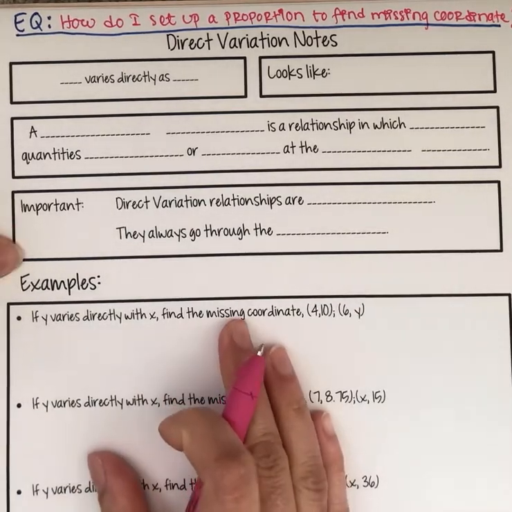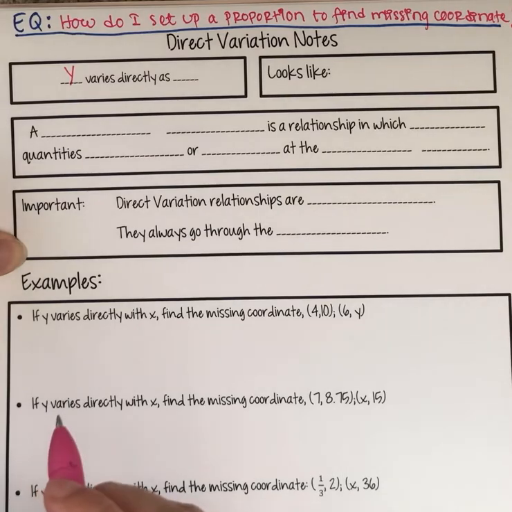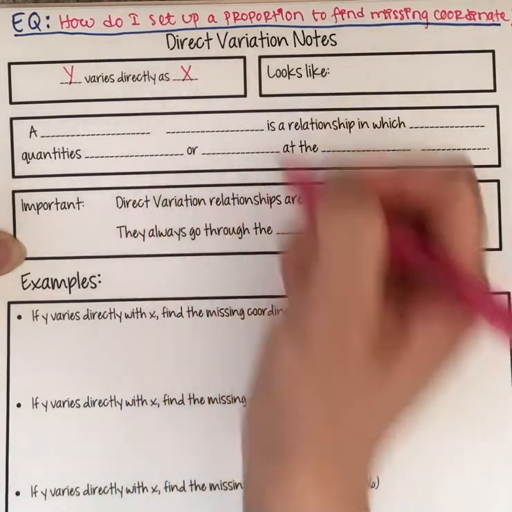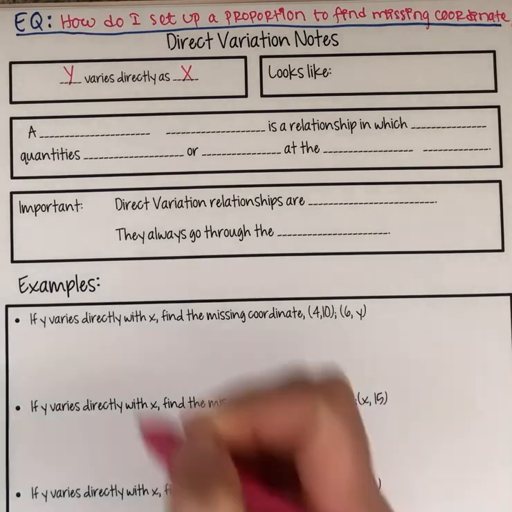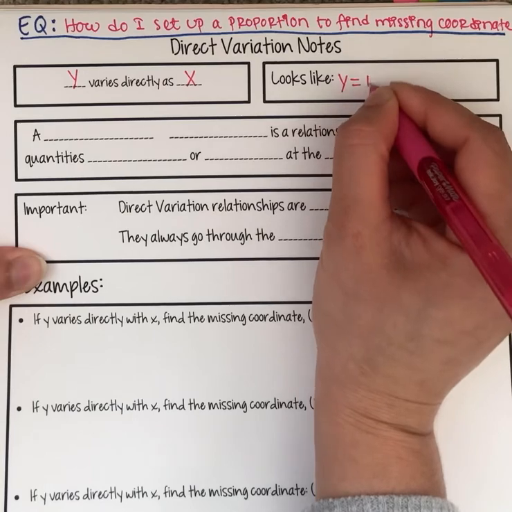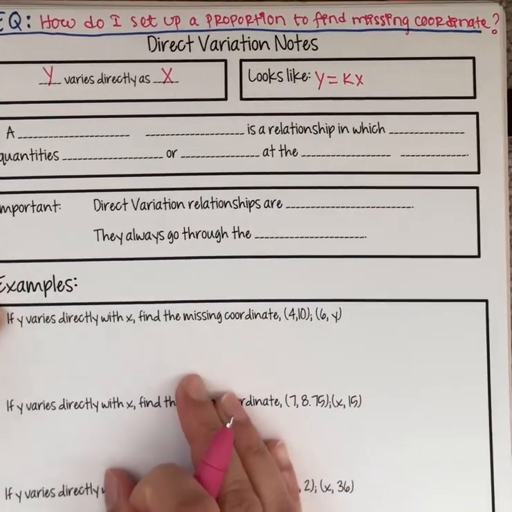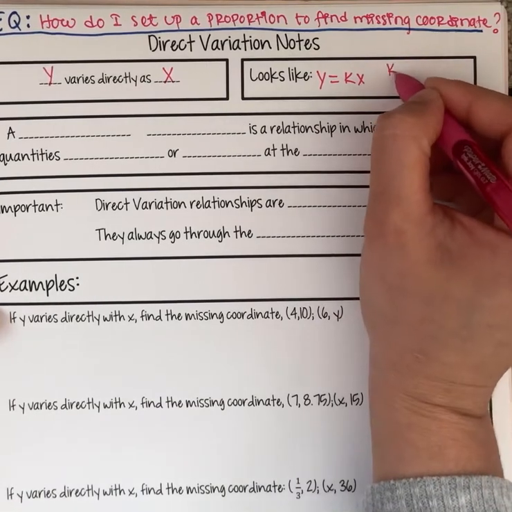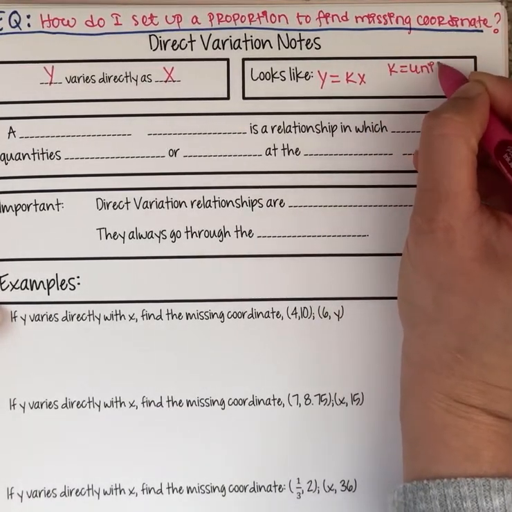All right, so the y value varies directly as x. Okay, that's what direct variation is. Y varies directly as x, and it looks like y equals kx, okay, where k is the unit rate.